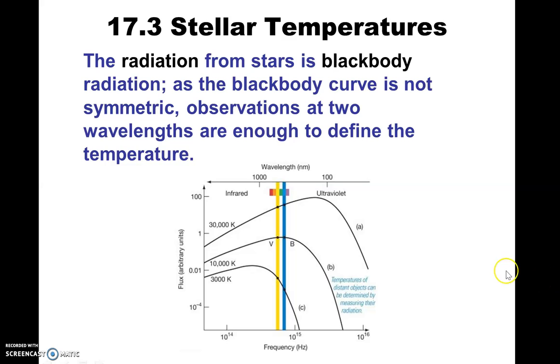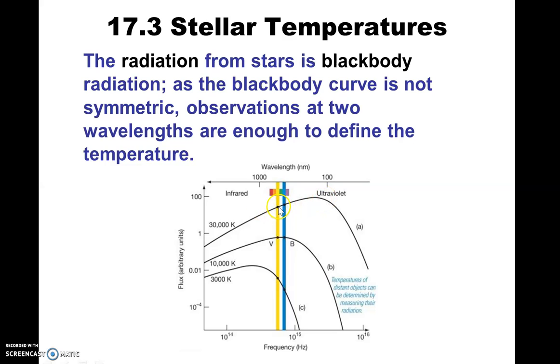Alright, so this is where we left off in the last video. The basic idea is, using filters, you can figure out the temperature of a star, right? So just using filters and not using the spectrum of a star to find its peak wavelength, which is quite involved.